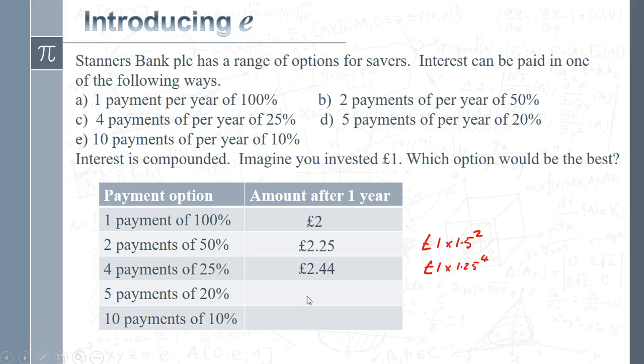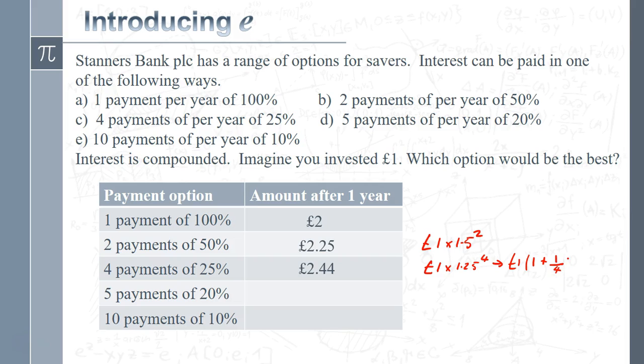Let's have a quick look at that 25% calculation in a slightly different way. Let's say I've got my original £1. I'm going to give you my 100%, so the original amount back, and then I'm going to give you that extra 100%. But that 100% is being chopped into 4 different parts. Now 100% as a fraction would be 1 whole, and I'm going to divide that into 4 equal bits.